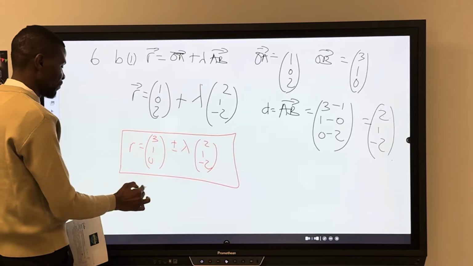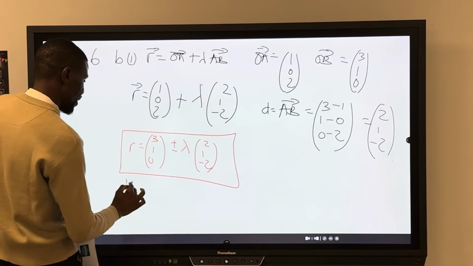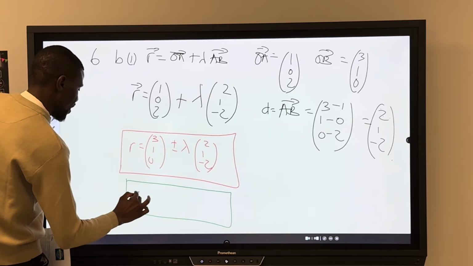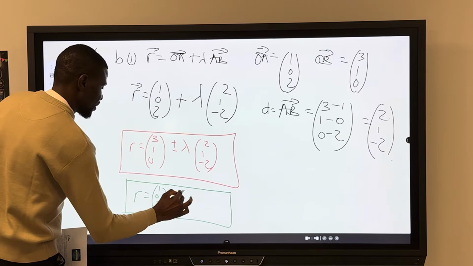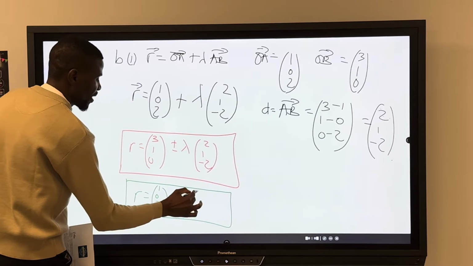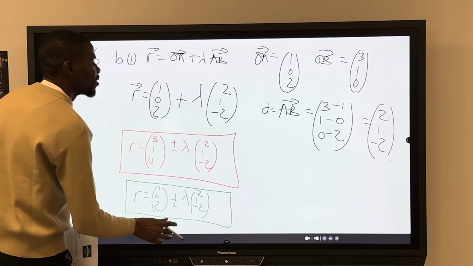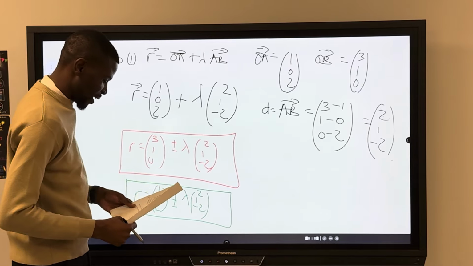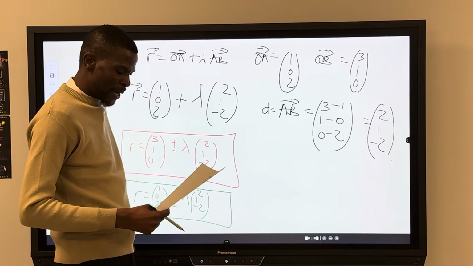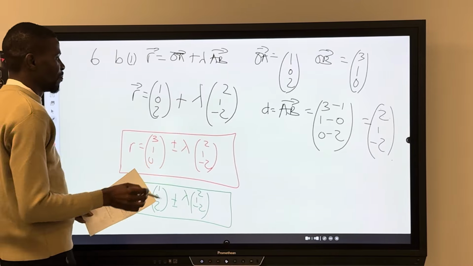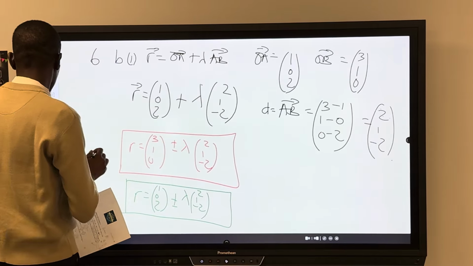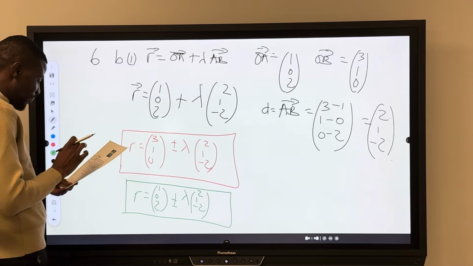Even for the first one, if you write r equal to (1, 0, 2) plus or minus lambda (2, 1, -2), any of the answer choices there is okay. So that's the vector equation of the line passing through the points (1, 0, 2) and (3, 1, 0), but I will use this one here, okay?